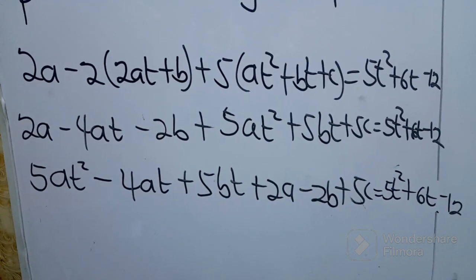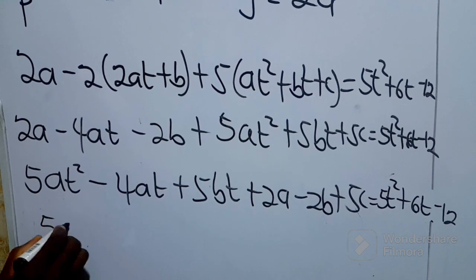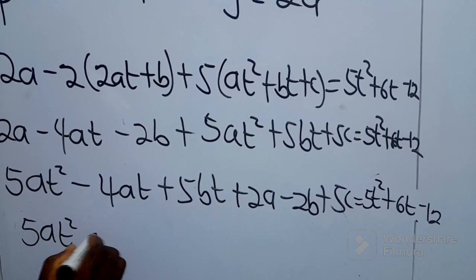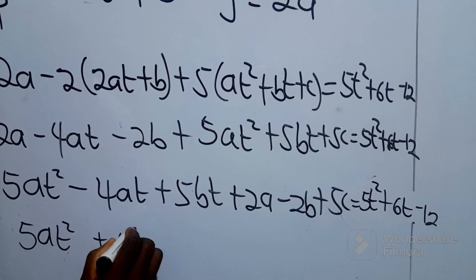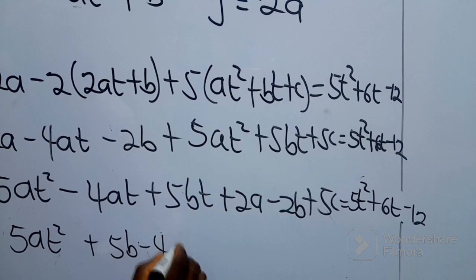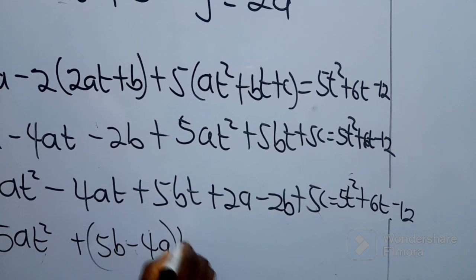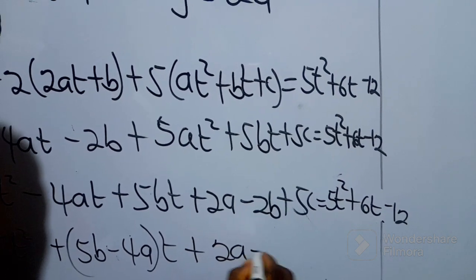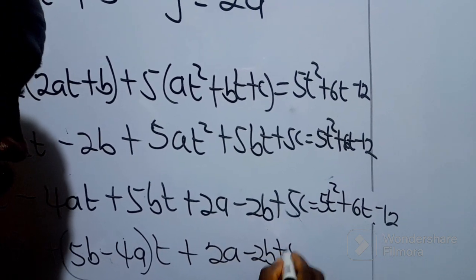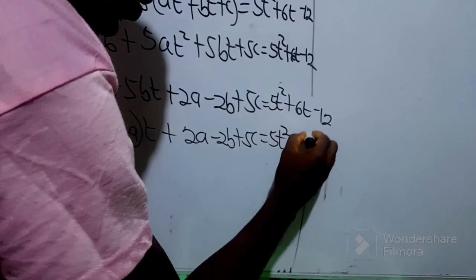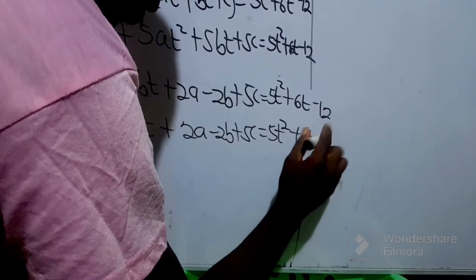So I'll rewrite this as 5at squared, plus (5b minus 4a) with t, then plus my constant 2a minus 2b plus 5c, equal to 5t squared plus 6t minus 12.